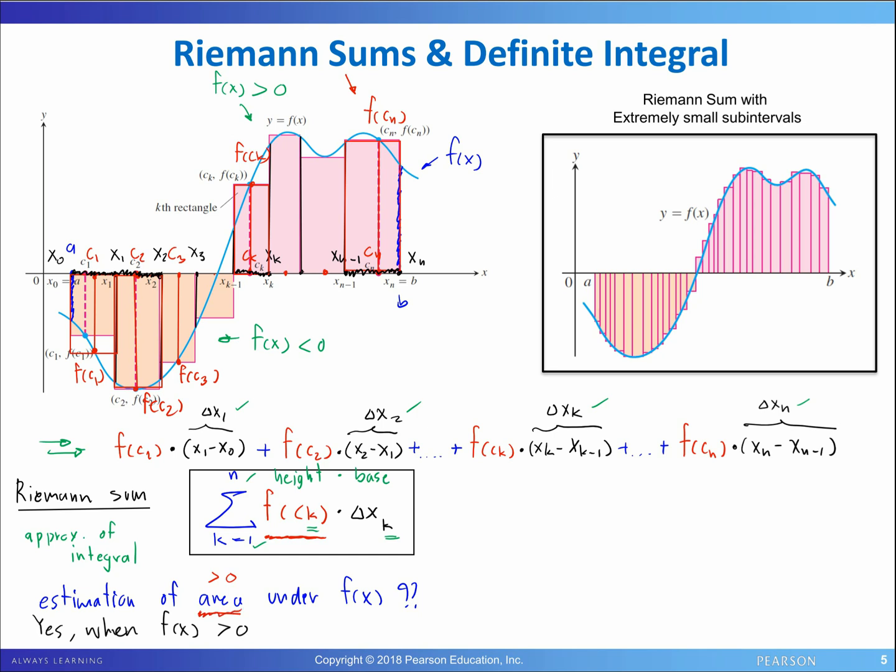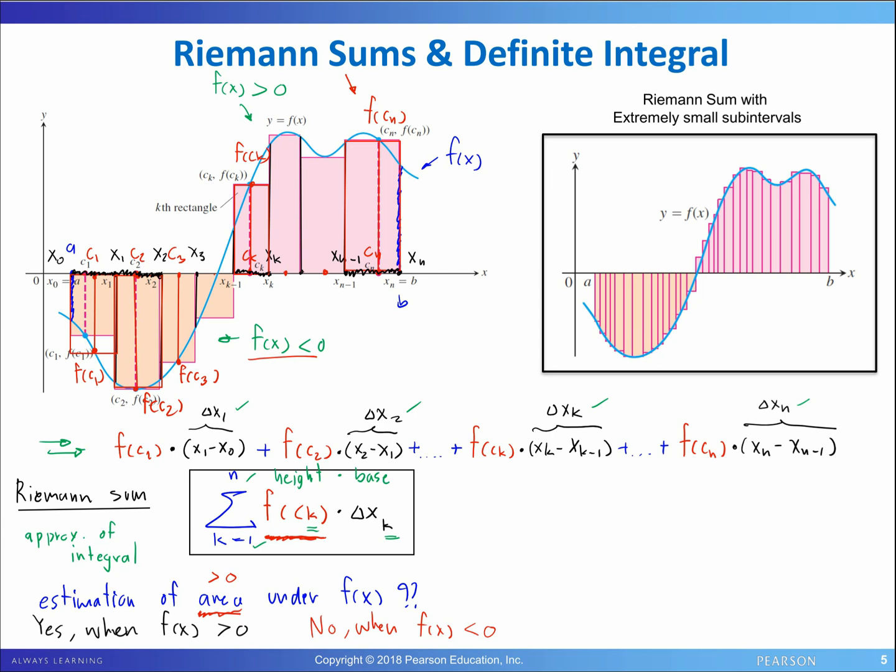However, it's going to be a no when the function is less than 0. Because if you calculate the Riemann sum, it's going to come out to be negative due to this negative value of f, and it's going to go to here too. Negative f, the sum is going to be negative. So keep this in mind.